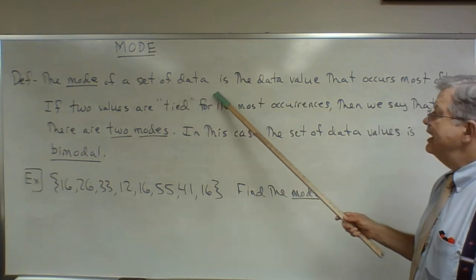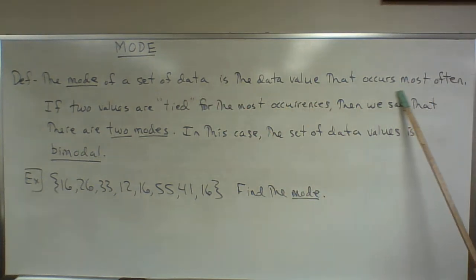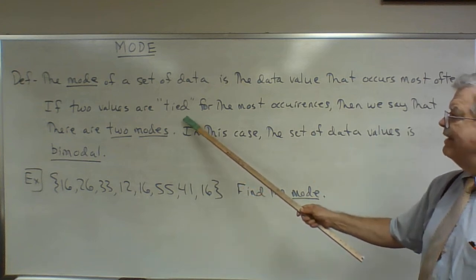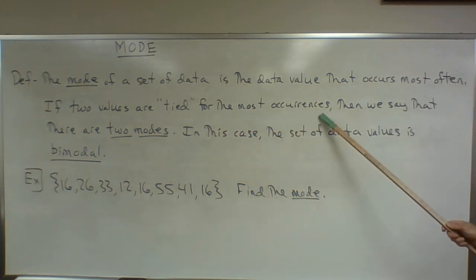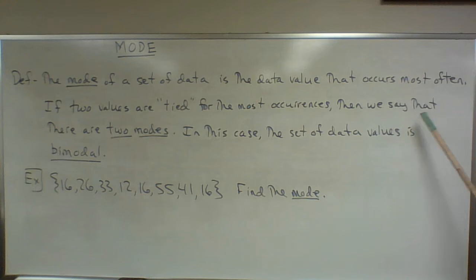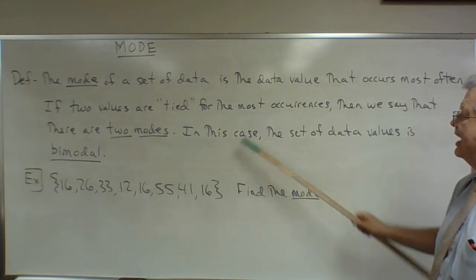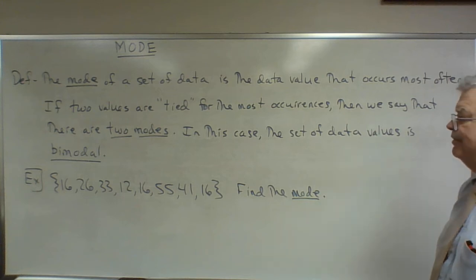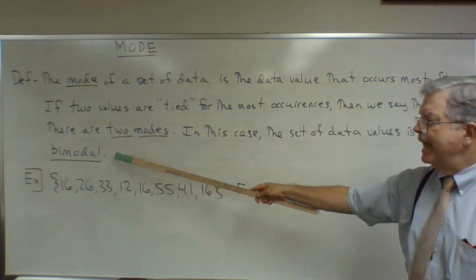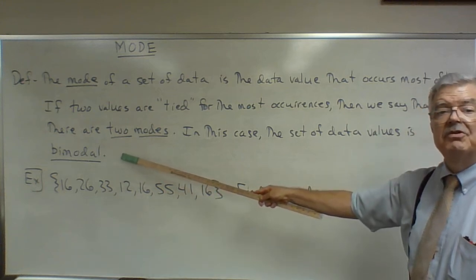The mode of a set of data is the data value that occurs most often. If 2 values are tied for the most occurrences, then we say that there are 2 modes. In this case, the set of data values is bimodal because we have 2 modes.